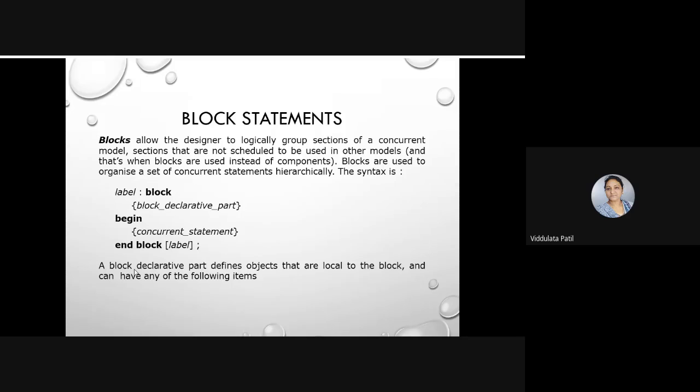So the block declarative part defines objects that are local to that block, and it can have any number of items, which we are going to discuss afterwards. So here we are declaring this block. In this block there will be a block declarative part, and then after the begin word there will be concurrent statements, that means the statements which are going to execute in parallel.